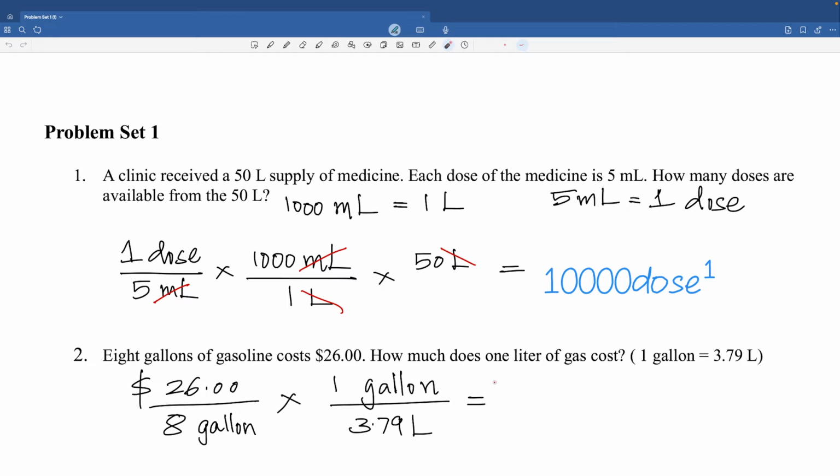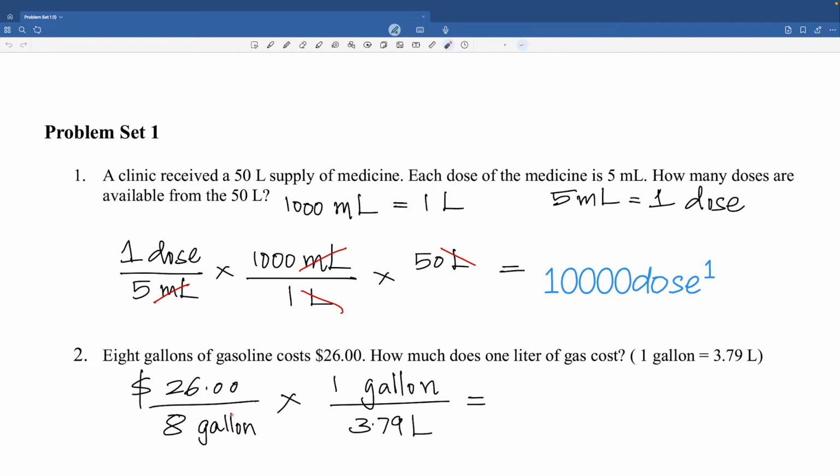And since we need to get the cost, that means we're looking for the answer in dollars. So we start with $26. Just like, remember the first one, if you needed the answer in dose, you start with dose. So here you need the answer in dollars, so you start with $26 is the cost of 8 gallons.